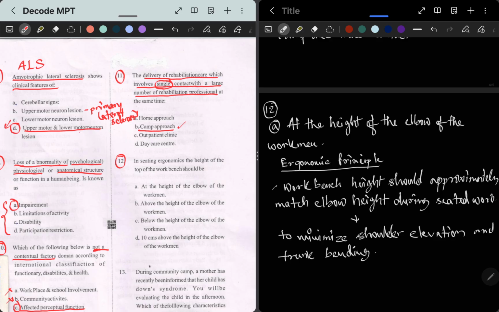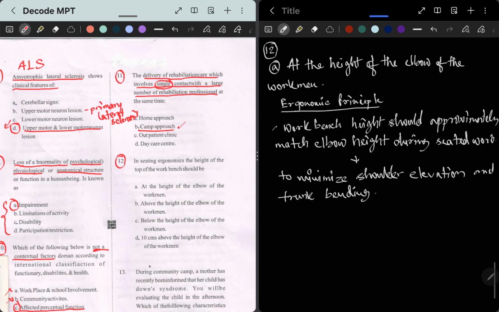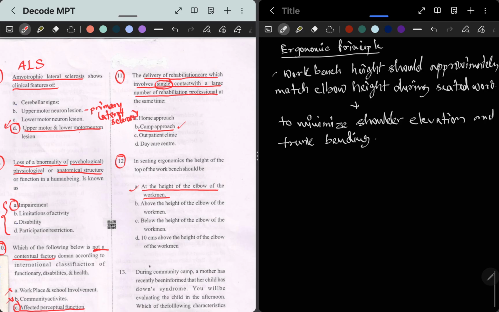Okay, so this is the basic ergonomic principle. The answer is at the height of the elbow of the workman.